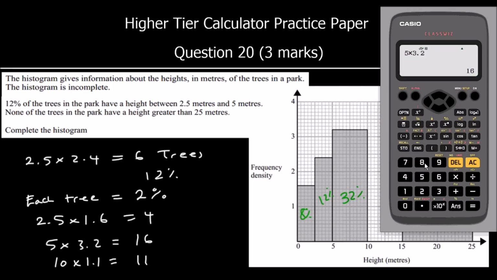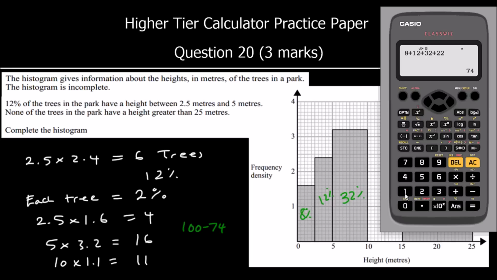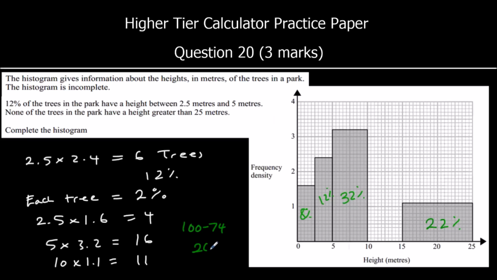So what's missing? 100%, take away these. So 8%, 12%, 32%, and 22%. That's 74%. 100, take away 74 is 26. So 26% must be in here. Each tree is worth 2%.